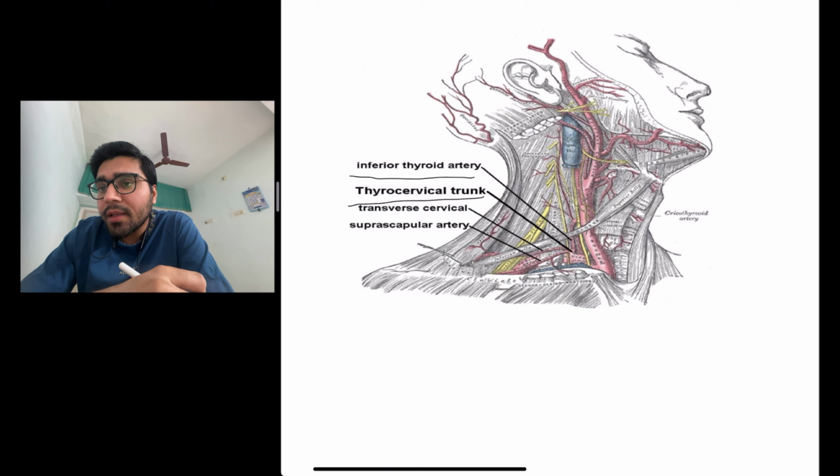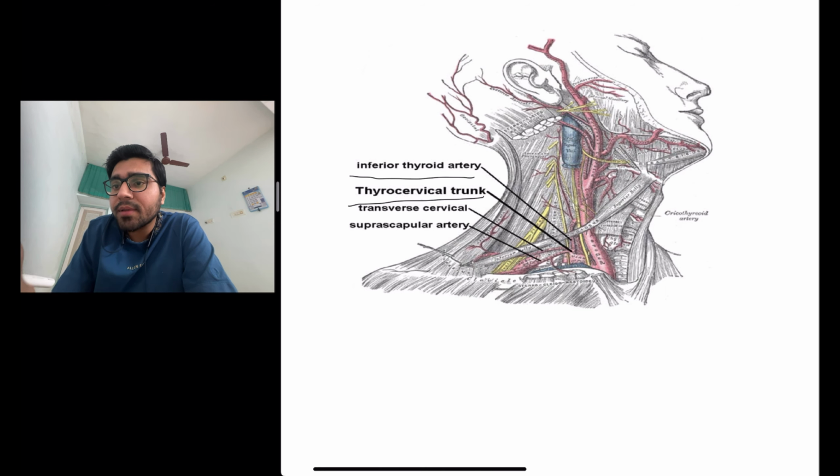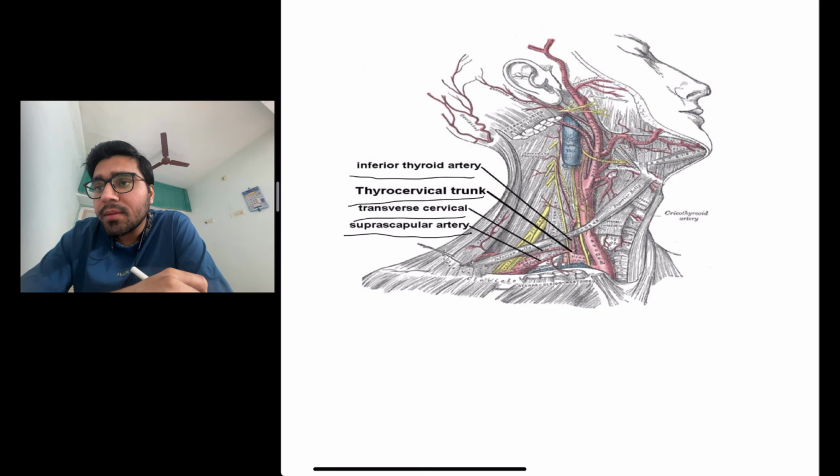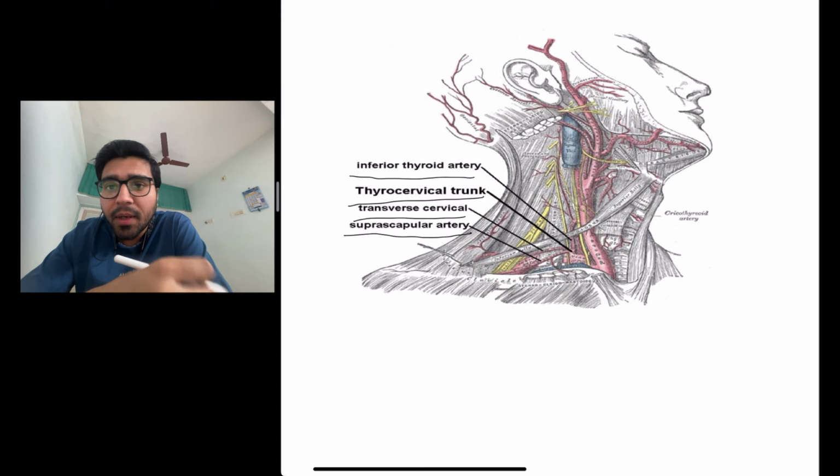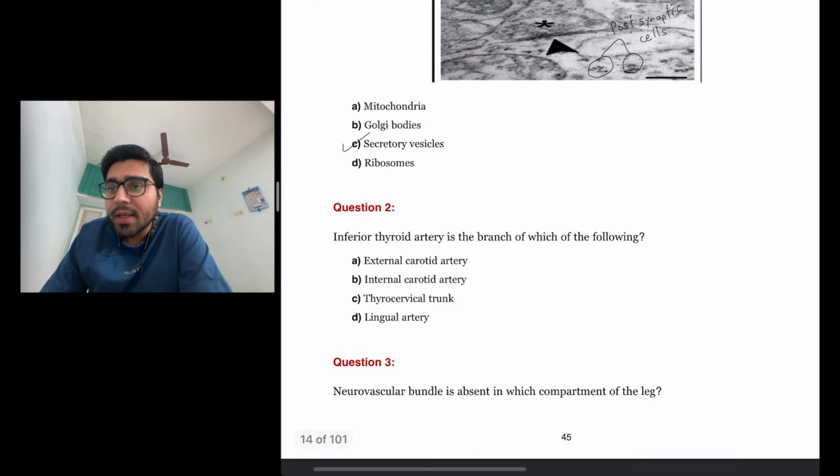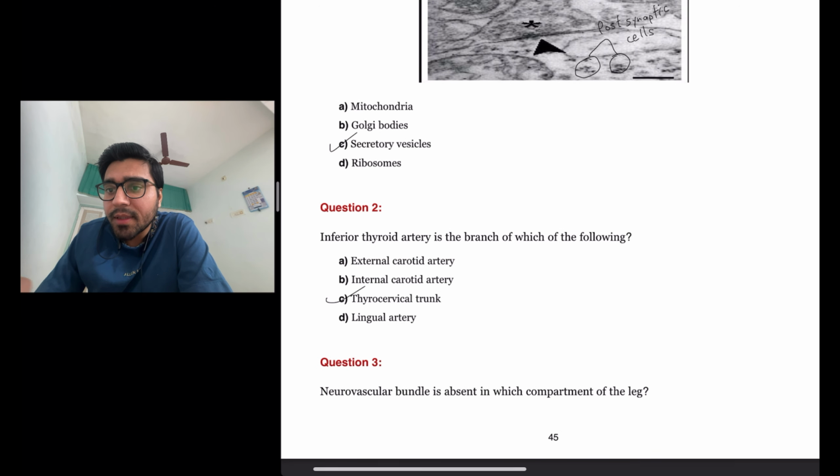There are another two branches, that is the transverse cervical artery and the suprascapular artery. These both also originate from the thyrocervical trunk. So this figure is very important to solve this question. So the answer is C, thyrocervical trunk.